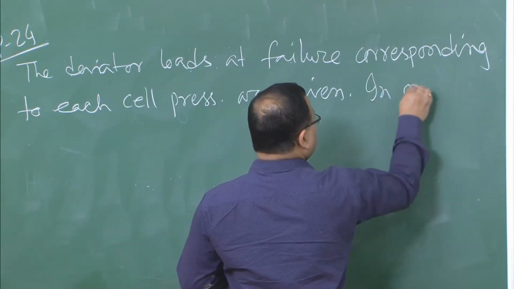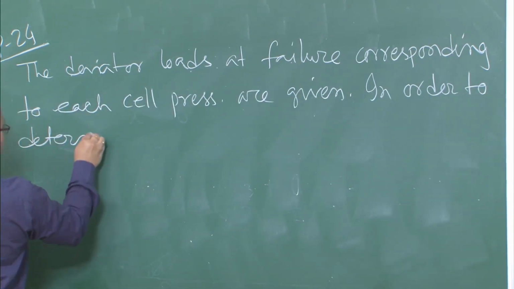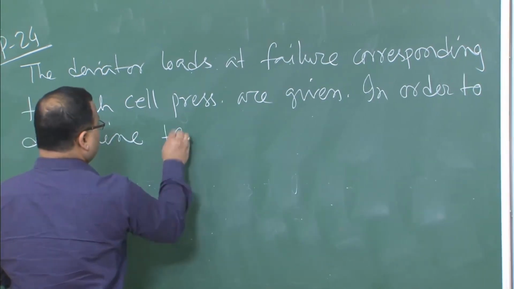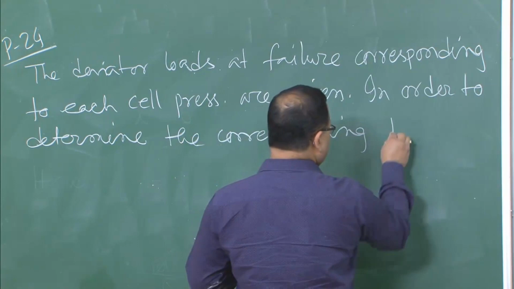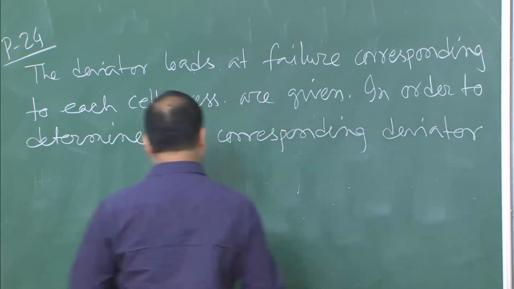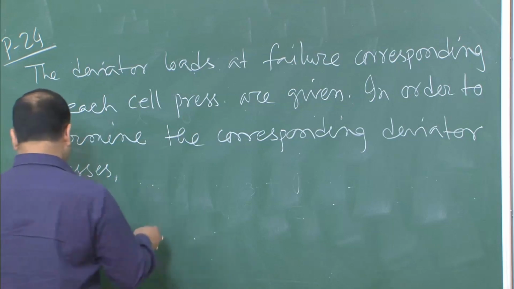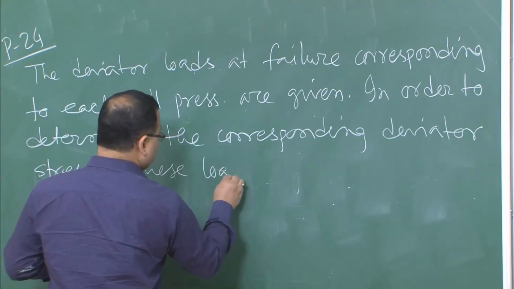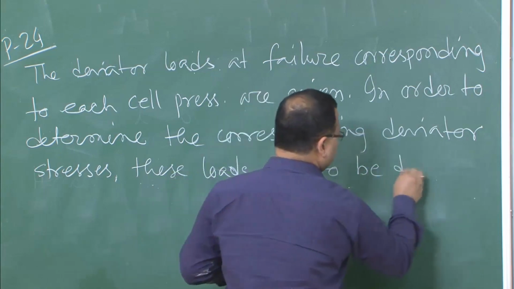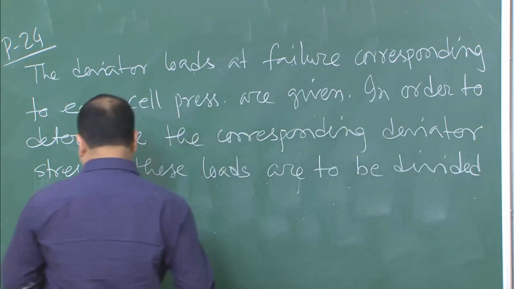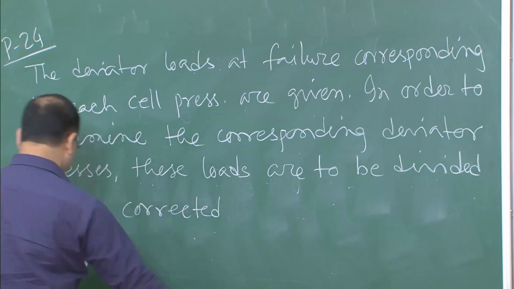In order to determine the corresponding deviator stress, these loads are to be divided by the corrected area.